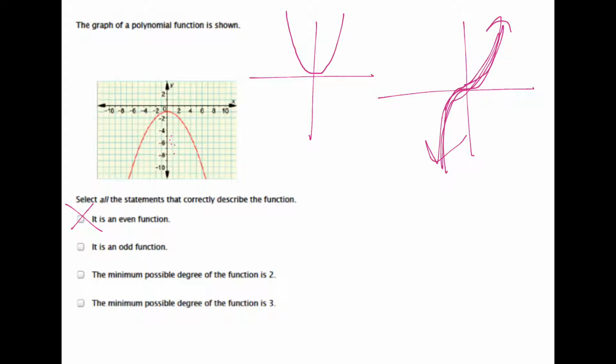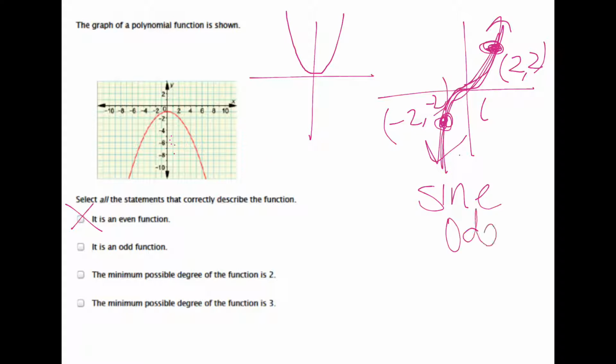So the coordinate right here could be (2, 2), and the one on the exact opposite is (-2, -2). That makes it odd. Just so you know, the sine function is odd. If you can recall, the cosine function, like that, is even.